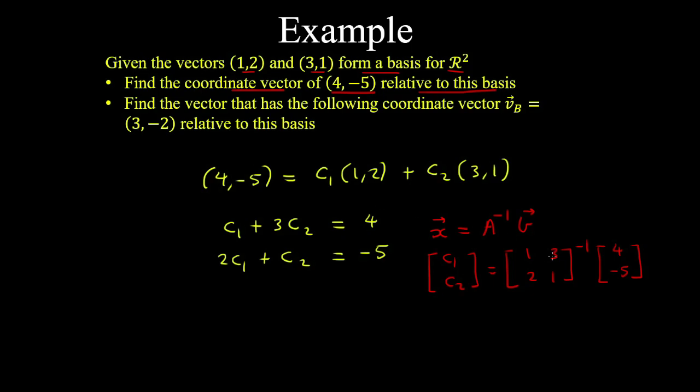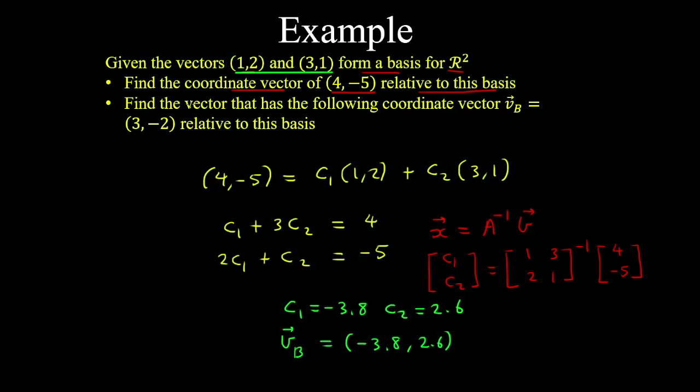So I'll leave it for you to find the inverse, and you'll obtain C1 is minus 3.8 and C2 is 2.6. So therefore we can write the coordinate vector relative to the basis, being the finite set of these vectors, is equal to minus 3.8 and 2.6.